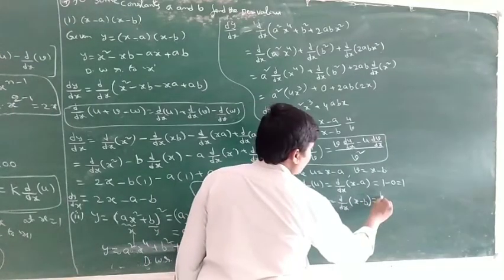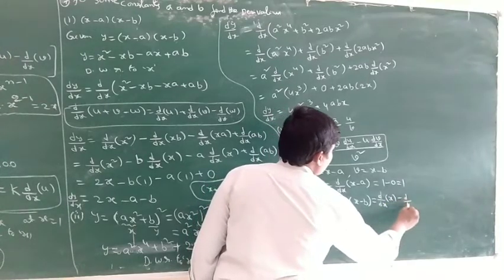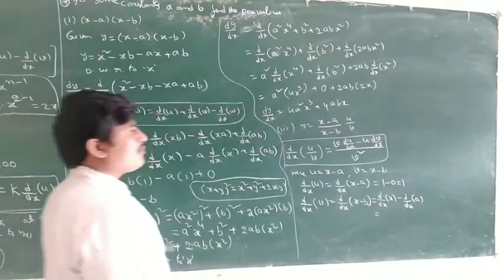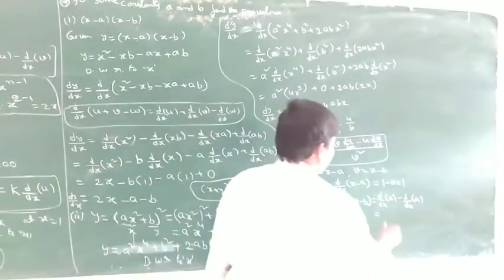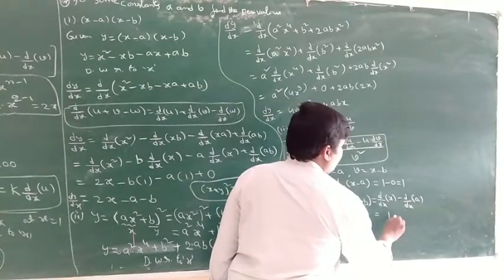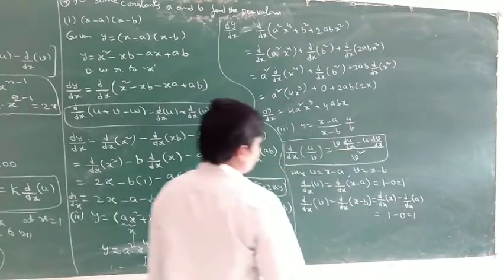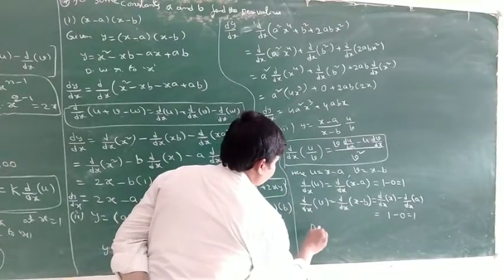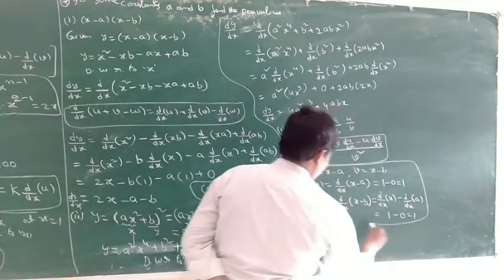How to differentiate? The derivative of u − v is the derivative of u minus the derivative of v. The derivative of x is 1, the derivative of a is a constant, so 1.